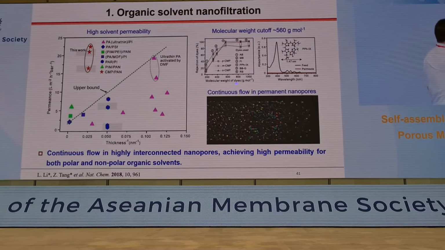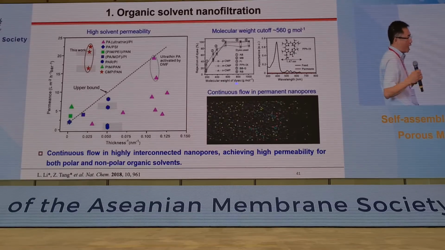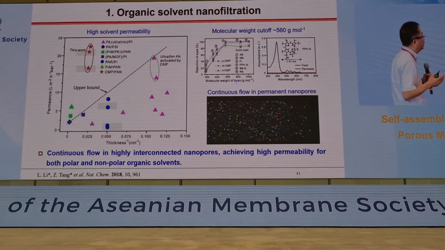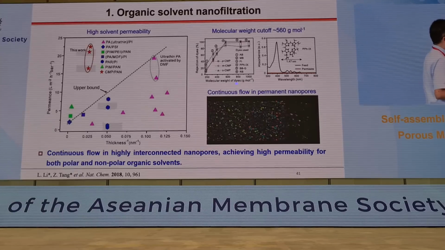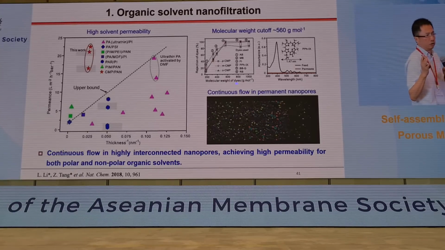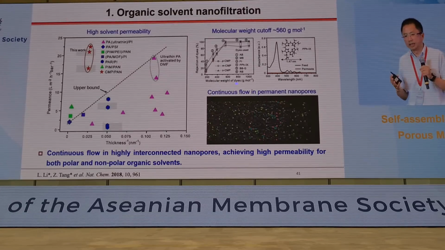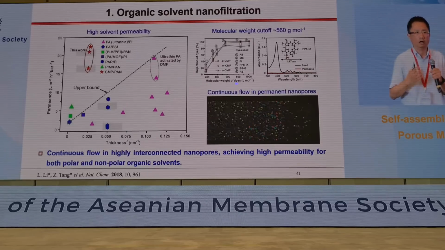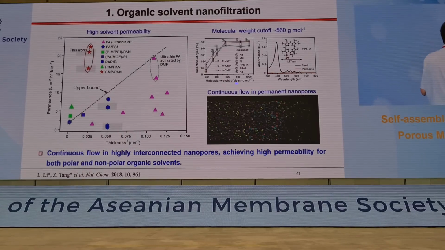Moreover, we did some molecular simulation. We can find a lot of continuous flow pathways in the permanent nanopores. All this follows the so-called pore flow model rather than the solution-diffusion model in conventional dense polymer-based membranes.